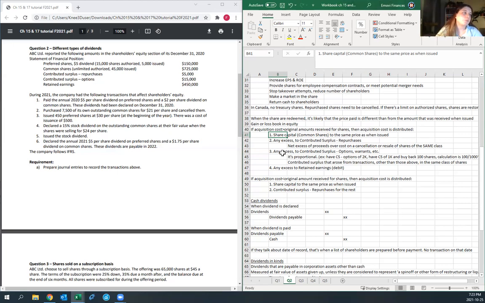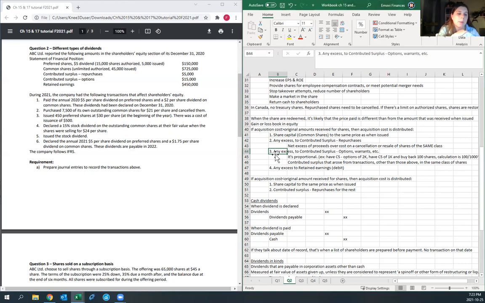After that, you put your account at zero, and if you still have some left over, then you use contributed surplus and any financial security that was linked to your class of shares, so options, warrants. And that is proportional to the number of shares you have in your books.